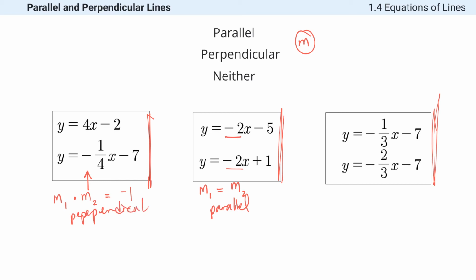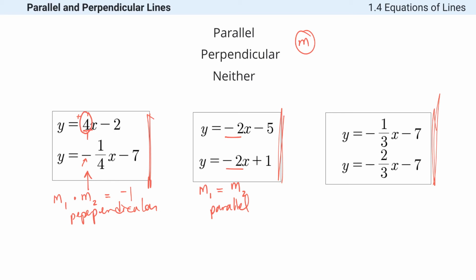You might have heard of these as being called a negative reciprocal of each other. So here's 4, and if you change its sign from positive to a negative, and you flip it over, so instead of 4 over 1, it changes to 1/4, then those lines are perpendicular.